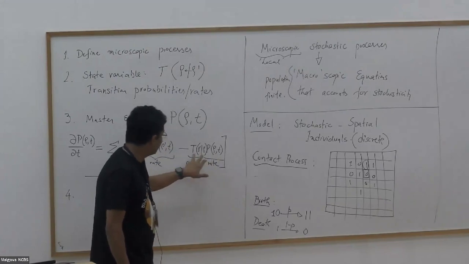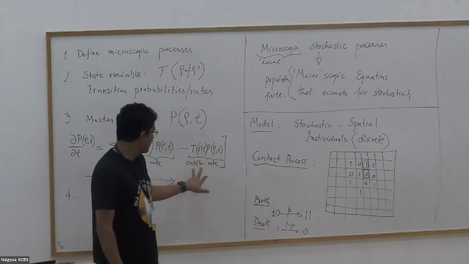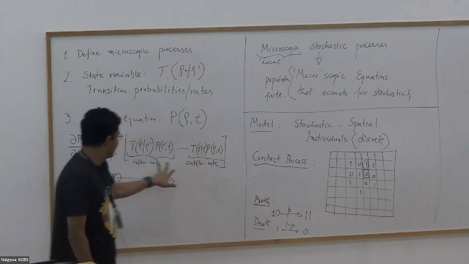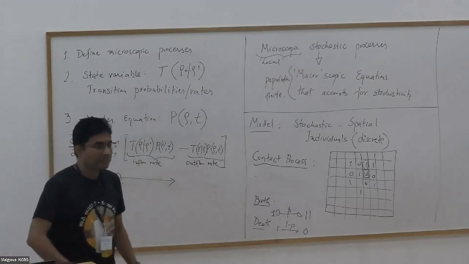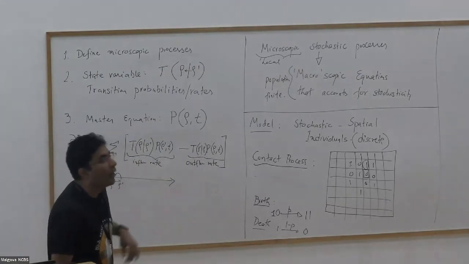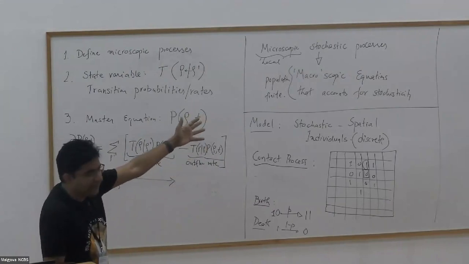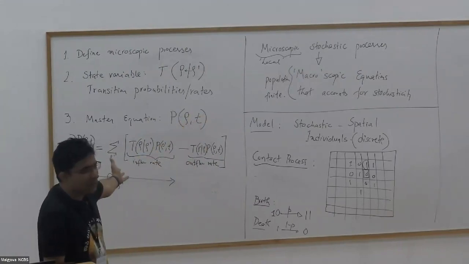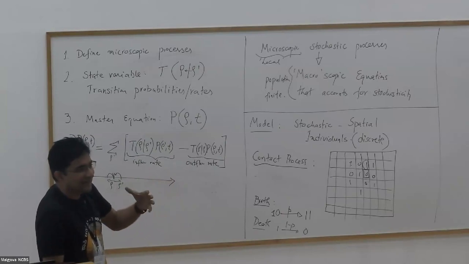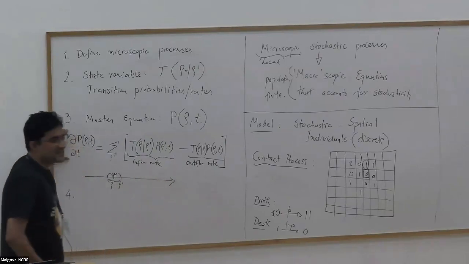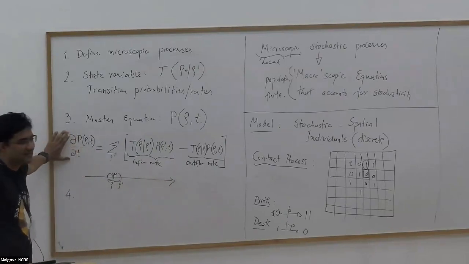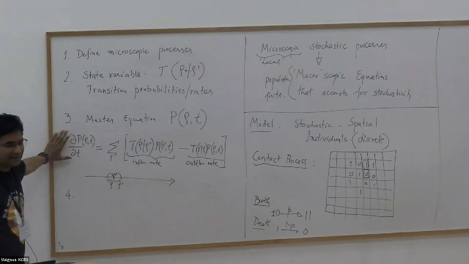I'm at rho and I'm transitioning to something else. That's the outflow from rho. Oh, I don't change at all. Those terms don't appear at all because it doesn't change. It's a rate of change, right? If nothing is changing, it doesn't affect this anyway. Does it make sense?